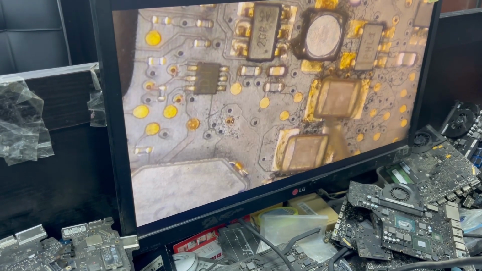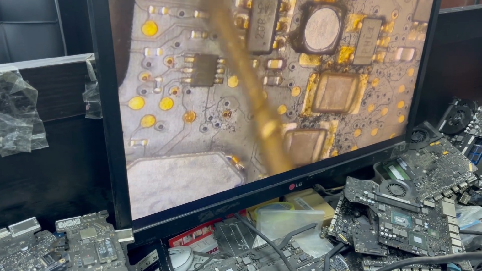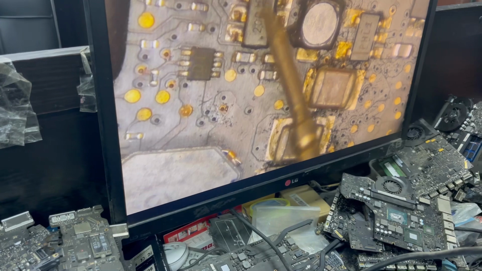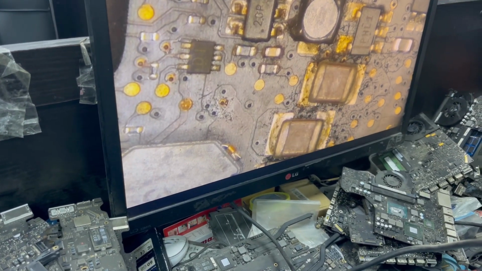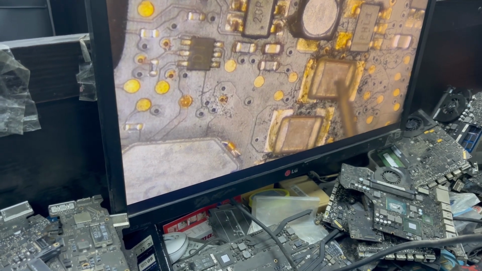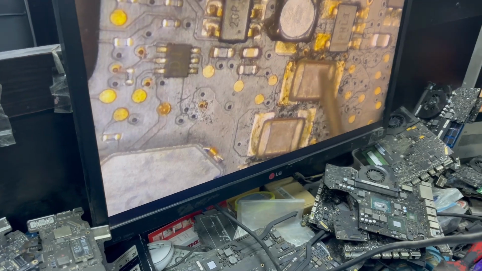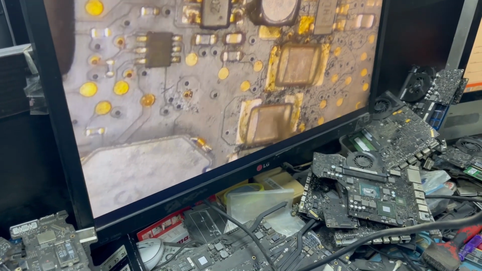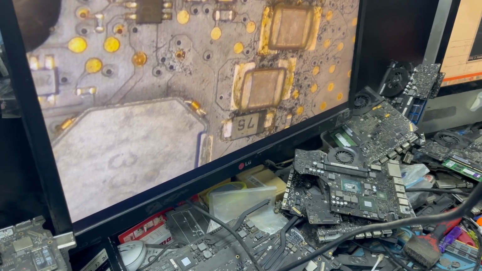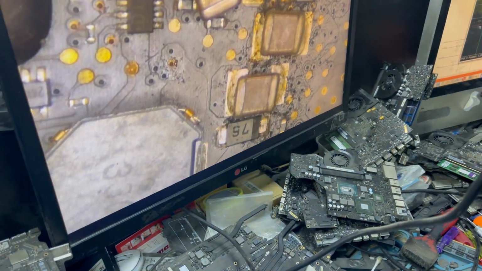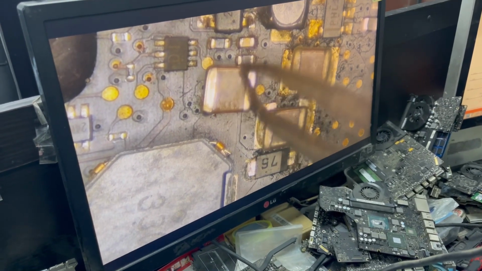But because of the shorts on this place, the 12 volts produced by Q9706 was forcing the system to have slow functionality. So I checked these two chips. I used the injection method and identified that this particular one here is faulty.